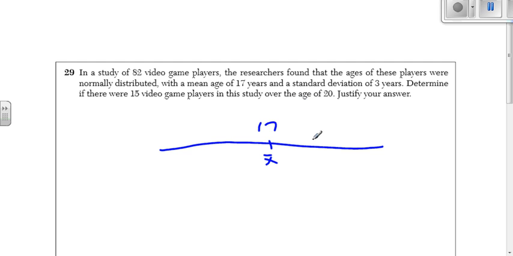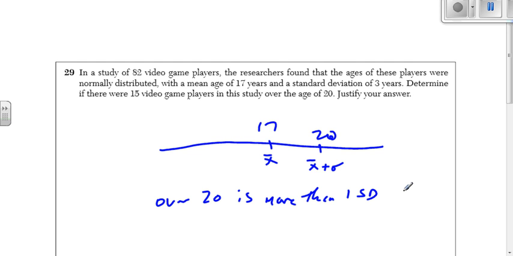The standard deviation is 3, so this is going to be the mean plus 1 standard deviation. That's going to be 20. Therefore, over 20 is more than 1 standard deviation above the mean.